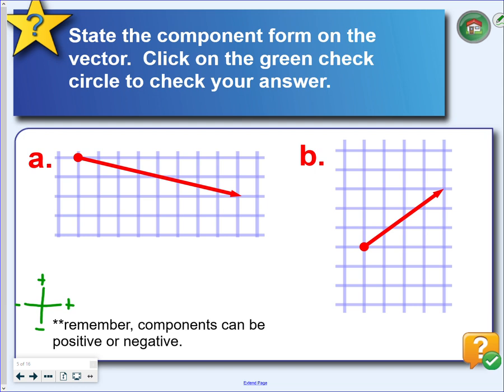So I'll call your name. Either you've got it or I'll help you figure it out. Okay. Avis, what do you have for the notation for vector A? 9, -2. She's got 9, -2. Okay. Anybody get anything different than that? 8.